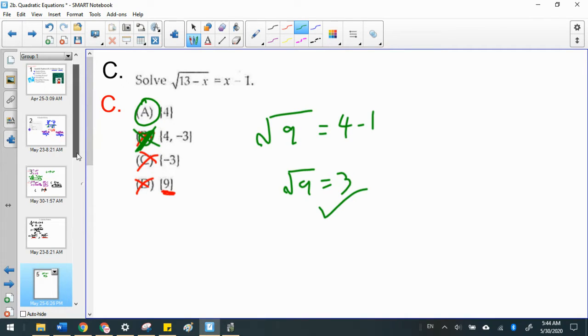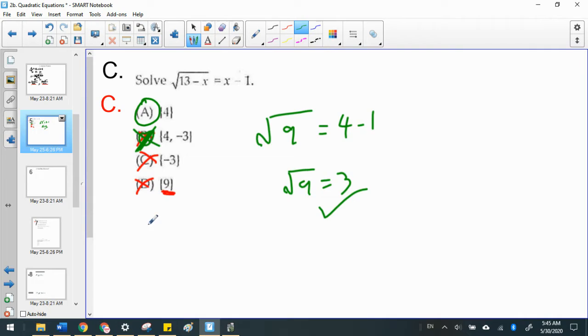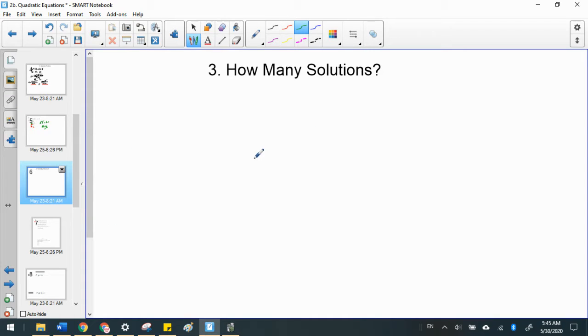So work your answers. Okay, so now we're going to find another usage for the quadratic formula that's actually much more beneficial and efficient for us to use, which is the concept of how many solutions do I have? Now, at this point, we've already established that when you take the square root of a negative value, the answer is always an imaginary number, which means it leads to no solution.